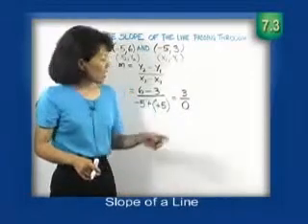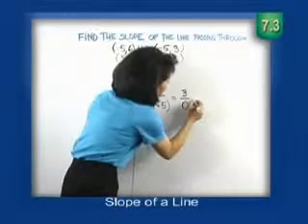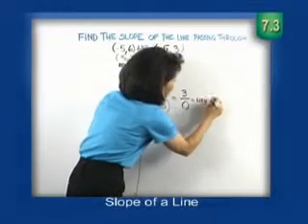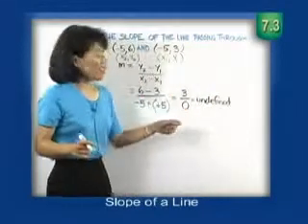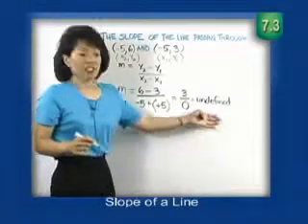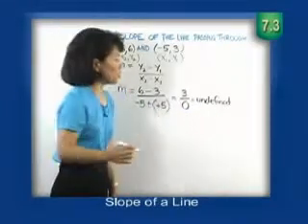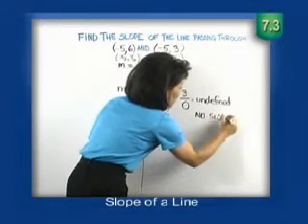Now, what does that mean to have a fraction with a 0 as a denominator? Remember, that means this is undefined. Now, what does it mean to be undefined? Well, if you ever get a fraction that's undefined that represents your slope here, what you can conclude is that your line has no slope. Now what does that mean to be no slope?